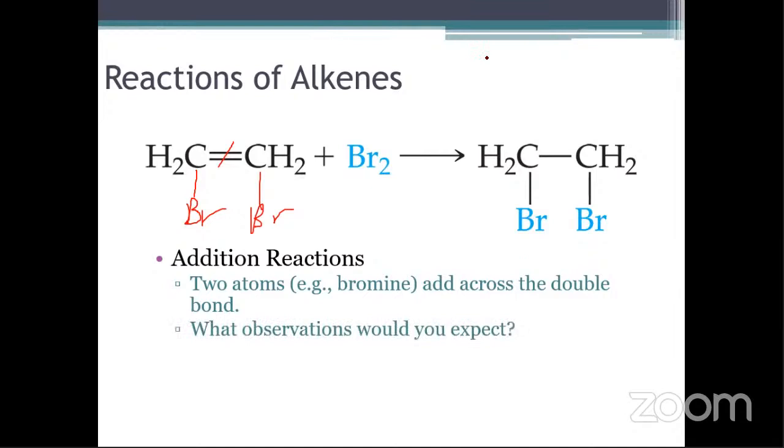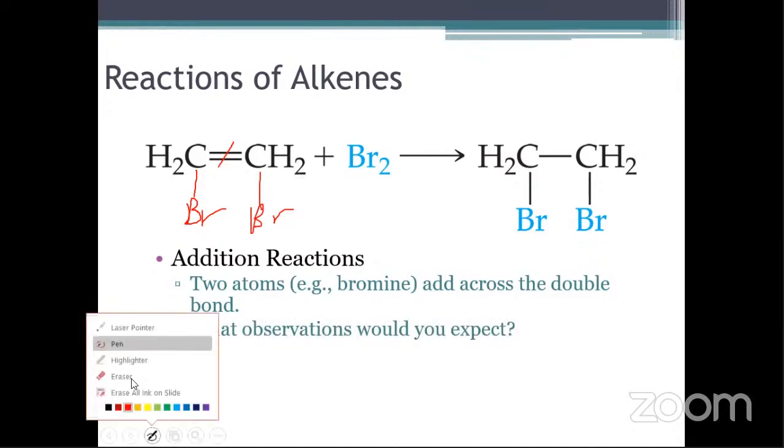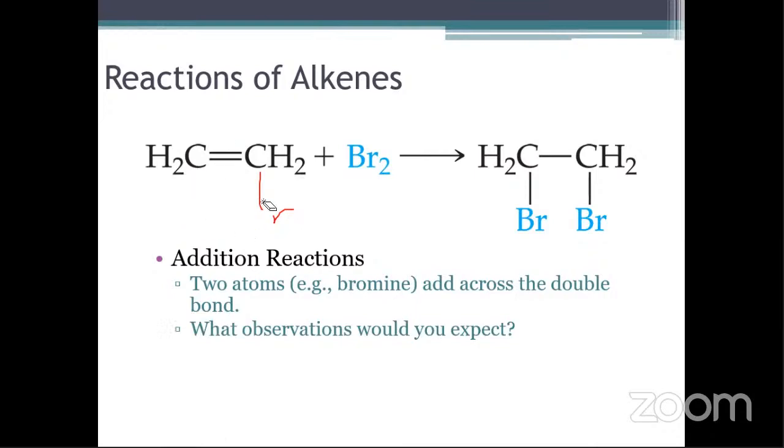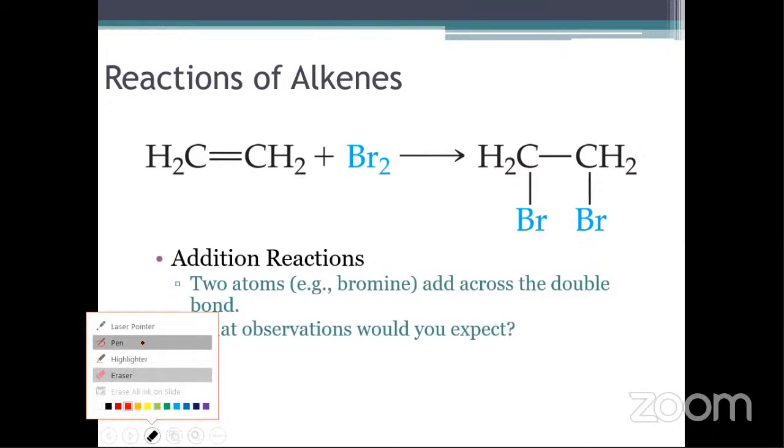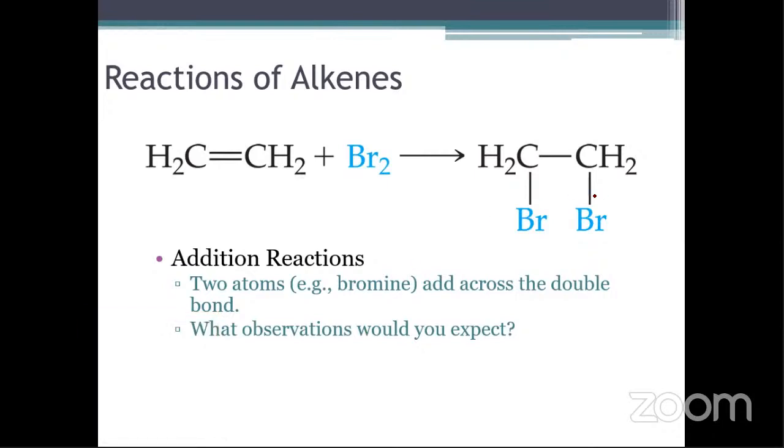Now, you did this in a lab before. So if you have bromine, or some people call it bromine water, coming in contact with this alkene, what observation do you expect to see?